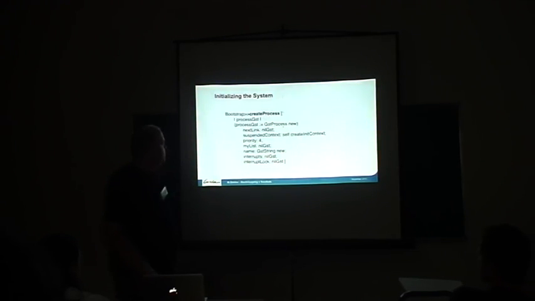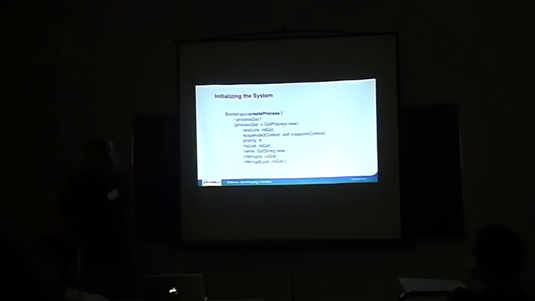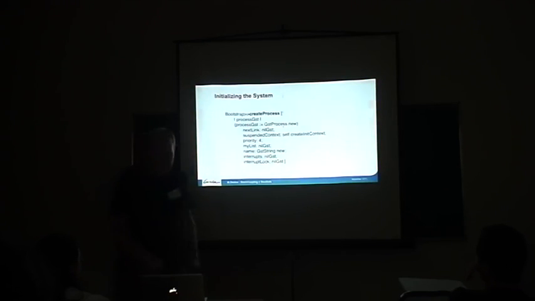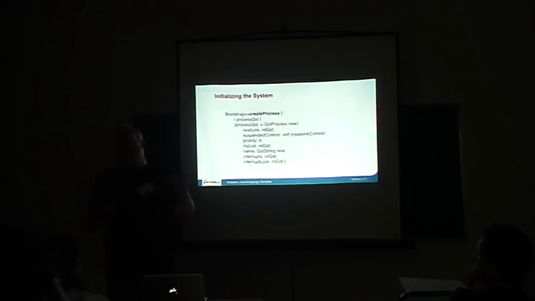Which in this case is this. I don't think that it's too interesting to see. You just need to initialize the minimum amount of objects that you need to run in it. So when it comes up, it needs to have a running process.